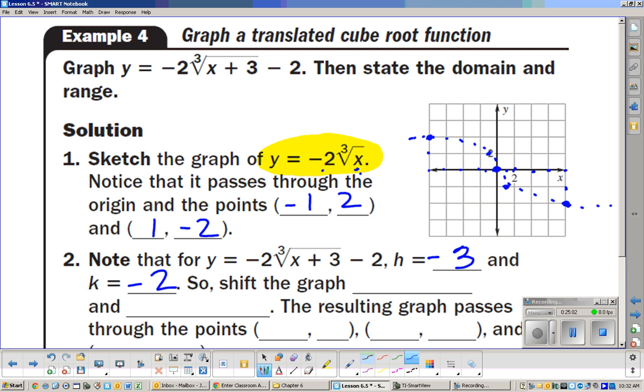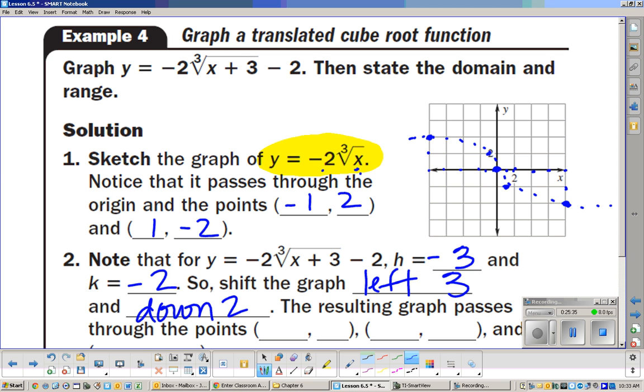Not for the h, that's horizontal. H is horizontal. Left or right? Left, how many? Yep. And this is up or down for the k. So up or down? How many? Up 2 when it's a negative 2? Down 2? Better choice. Down 2.